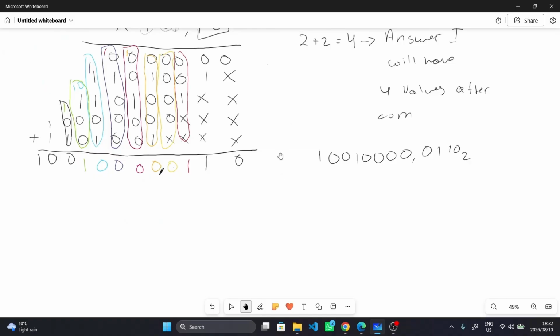And let's move on to division. So binary division, again, it's the same as normal division. So for example, normal long division. Let's say you have 256 and I want to divide that by maybe 7.